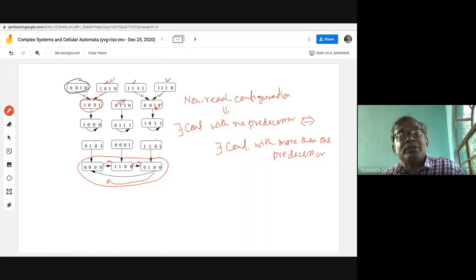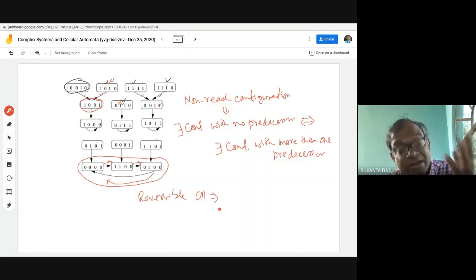Now, in case of reversible CA, what happens? All the configurations are cyclic. So sometimes we define reversible CA in this way: if a finite CA is reversible, all the configurations are cyclic.